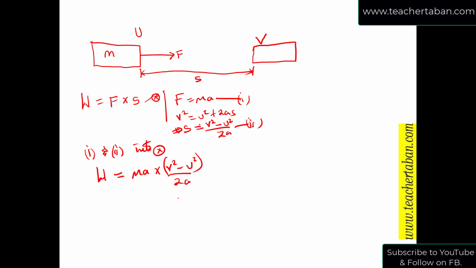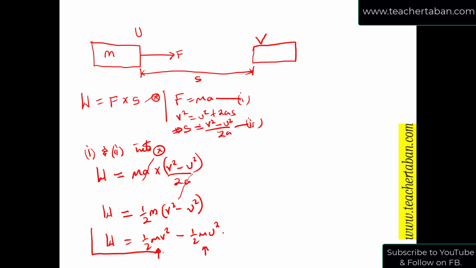So we can say this a cancels out with this a, and we end up with W, the work done, equals a half times m into (v squared - u squared). Expanding that will give us work done is equal to a half mv squared minus a half mu squared, and this is the final kinetic energy, this is the initial kinetic energy. So we see that the work done is actually equal to the change in the kinetic energy of that body.